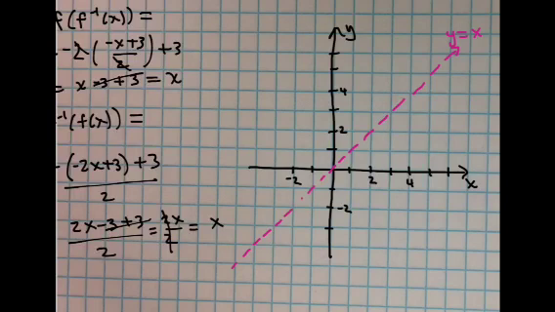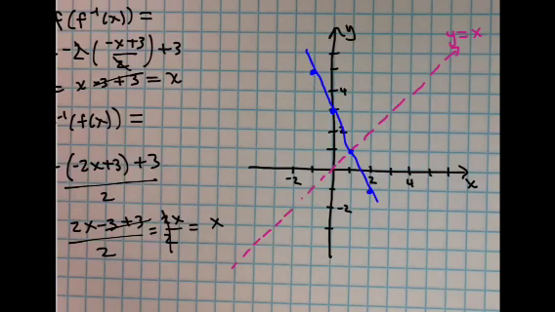So I'm going to start on 0, 3, and the slope is negative 2, so I'm going to go down 2, right 1, and do that another time. Or I can go up 2, left 1 from my first point. Okay, so right there's my graph, my 4 points.